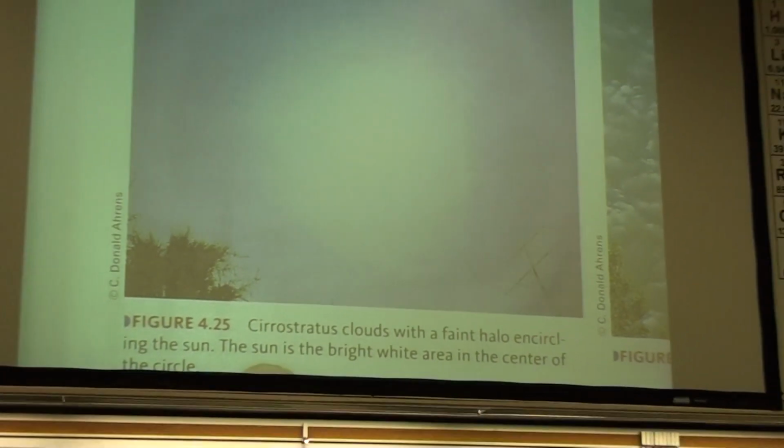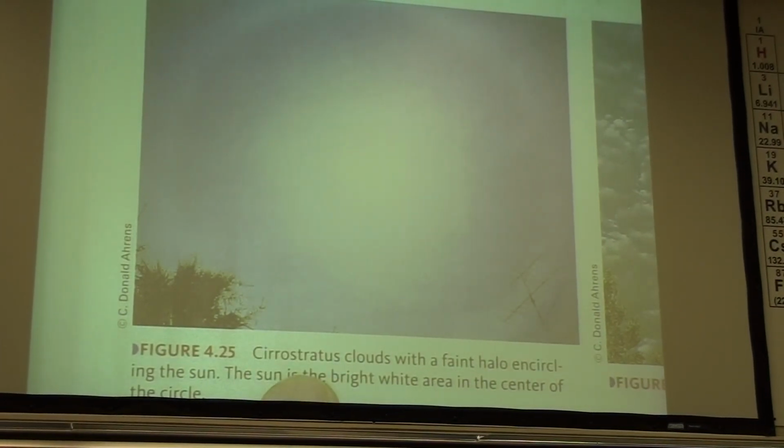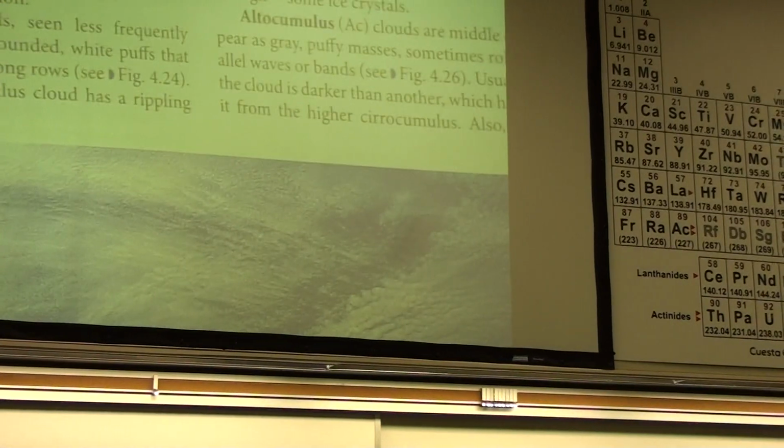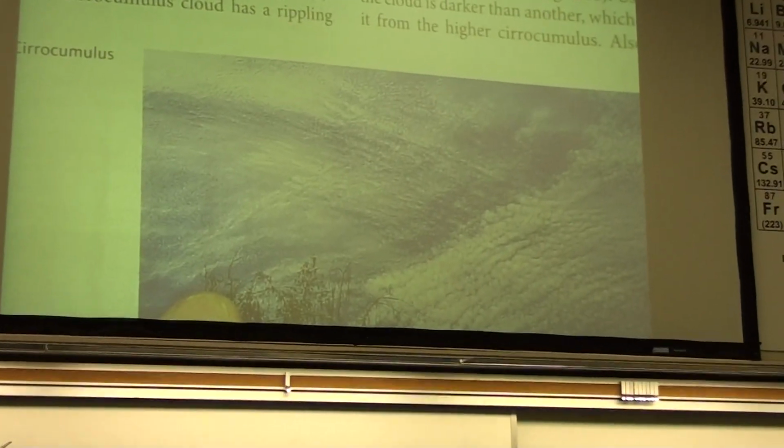Okay, so this is in the higher regions of the atmosphere. Here we have the cirrus clouds that we talked about in the upper atmosphere. And here we have the cirrocumulus clouds, which are associated with the mackerel sky.